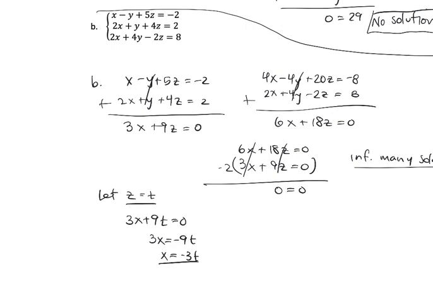Now, one of the original equations, the middle one, for example, was 2x plus y plus 4z equals 2. So you can make the substitution now for x of -3t, and for z, make it t.